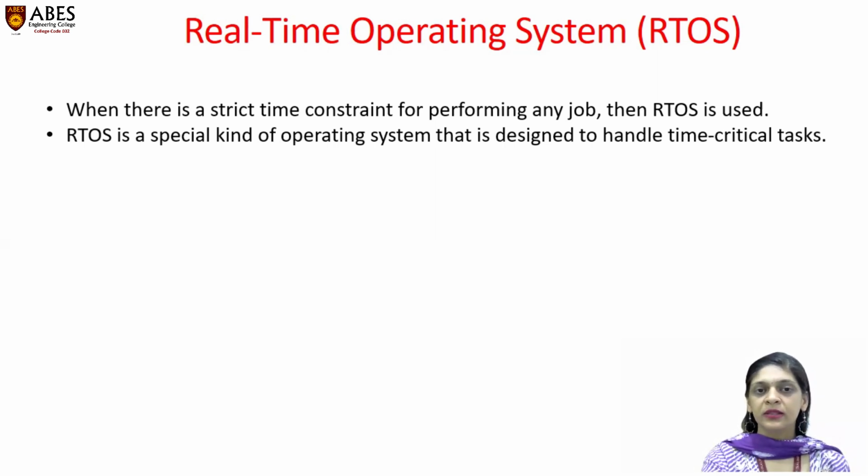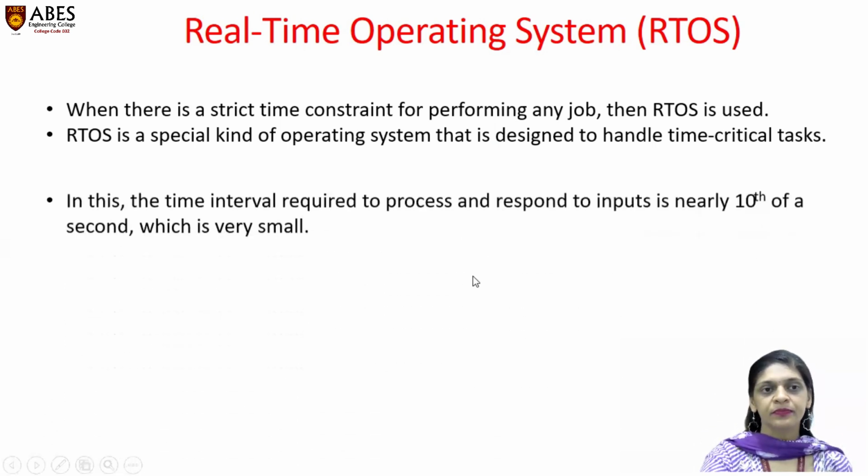So special kinds of jobs like a missile, or the airbag used in our four-wheel vehicles, are the kind of examples we consider in RTOS.